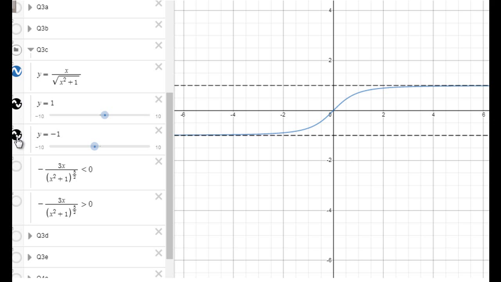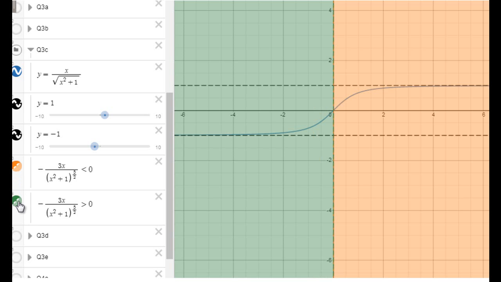Look. And the first derivative shows the function is always increasing. We have no local maximum, no local minimum. And the inflection point is at 0. Look, this is less than 0, the second derivative. This is concave down in that part. And this is greater than 0, concave up. Perfect.